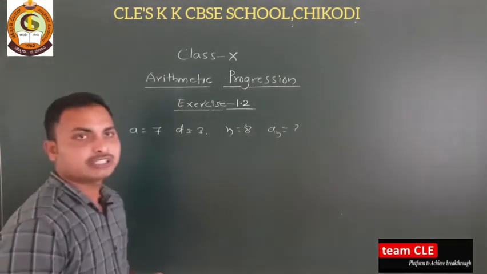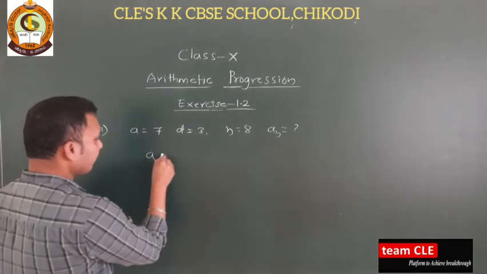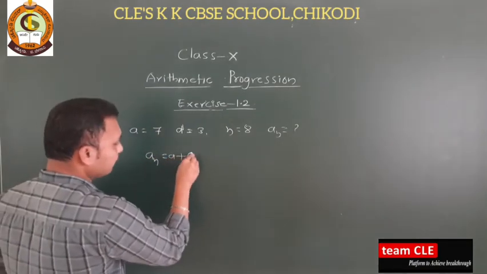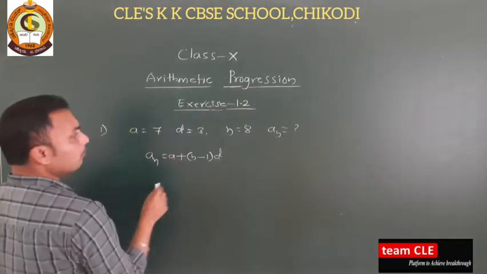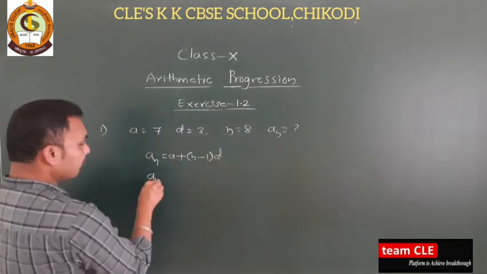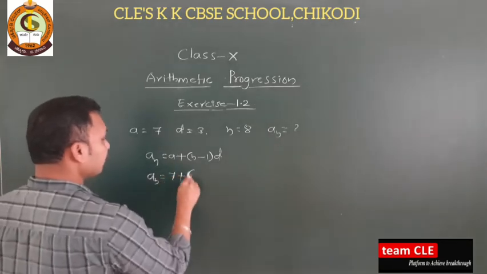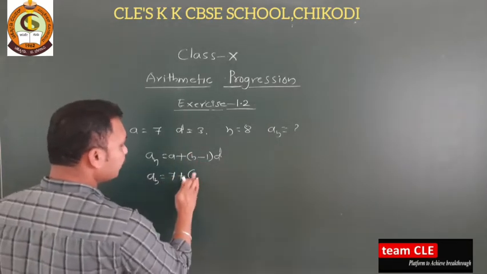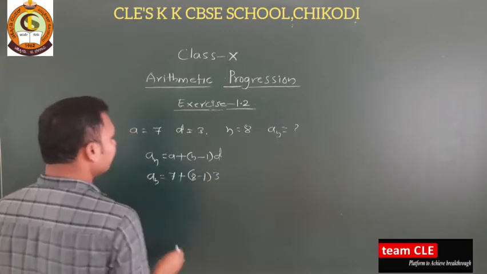So obviously, dear students, we have the formula: An is equal to A plus n minus 1 into D. Now An we need to find, keep as it is. A we have 7, plus N already we have 8, so 8 minus 1, and D we have 3.